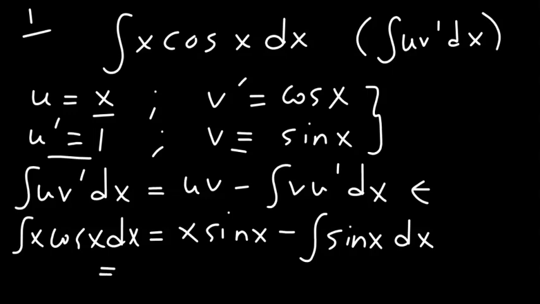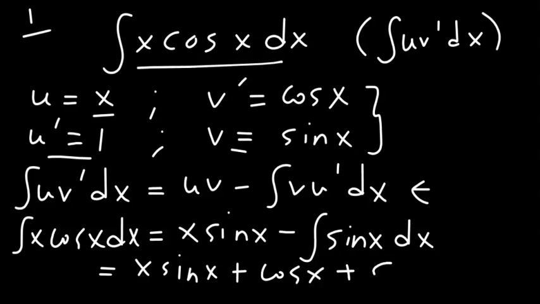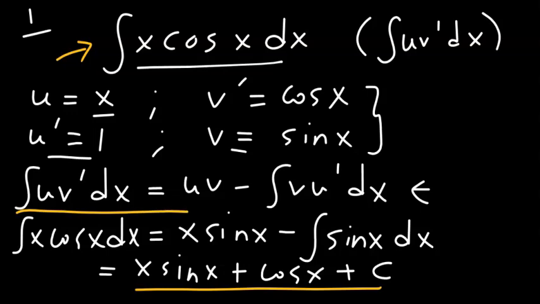So you see that we can solve this integral quite easily. Integration of sine is minus cosine, and don't forget the overall integration constant. So this is the answer for that integral. This is how we use this formula to integrate functions. Namely, this is how integrating by parts works.